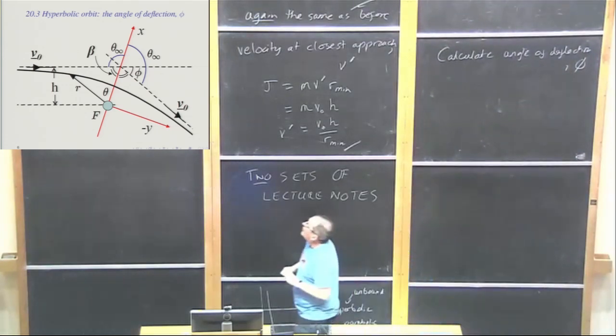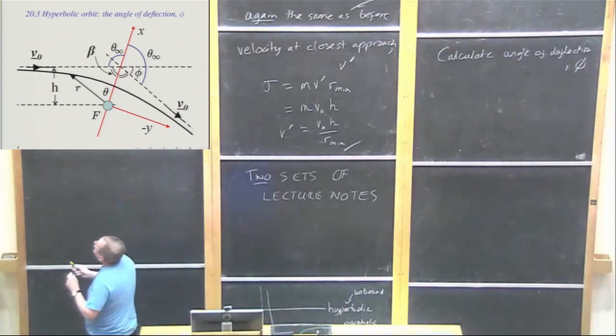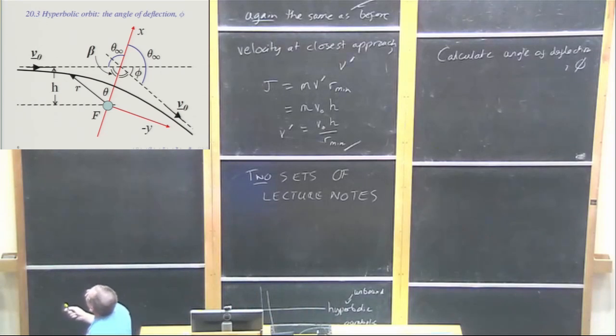This is just the same as before, so this is phi. It's the angle between the initial trajectory and the final trajectory. Theta is the orbital angle, which is always defined in this manner. So when the comet is here, that is theta.